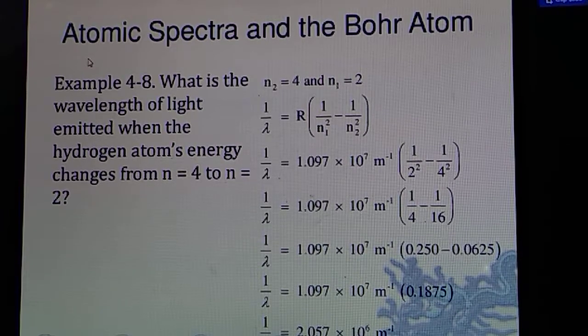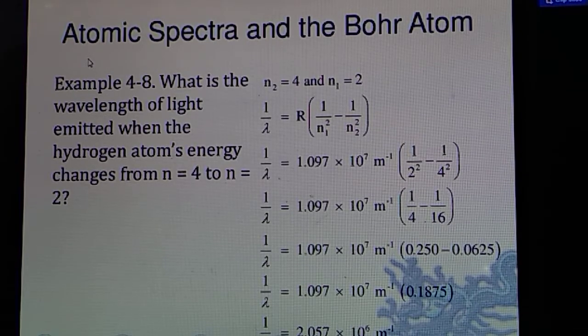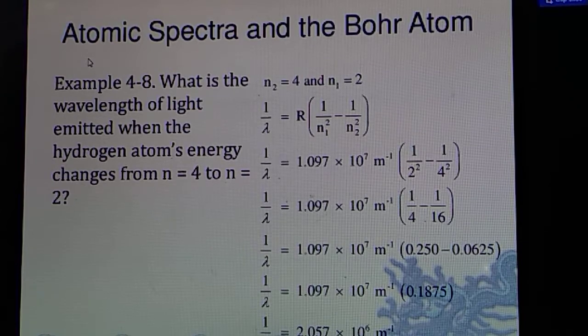So 1 by n1 square minus 1 by n2 square. The Rydberg constant value is 1.097 into 10 to the power 7 meter inverse, times 1 by 2 square minus 1 by 4 square. So 1 by lambda equals 2.057 into 10 to the power 6 meter inverse. So the lambda value equals 1 by 2.057 into 10 to the power 6 meter.